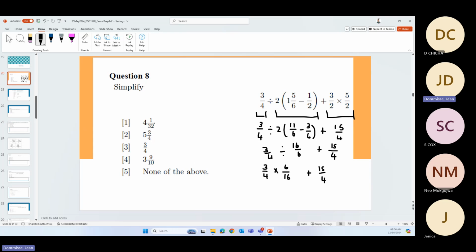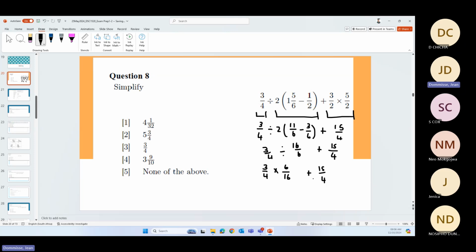Okay, so if you now look at these fractions, the 4 looks very interesting, and we might be able to use that. But let's first simplify. So 2 goes into 4 twice. 2 goes into 6 3 times.